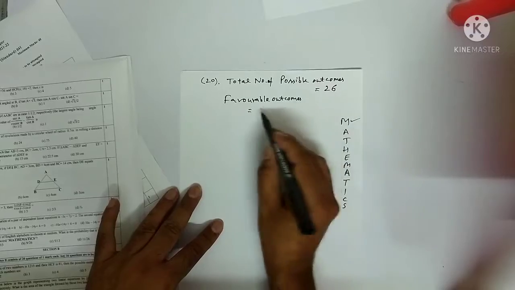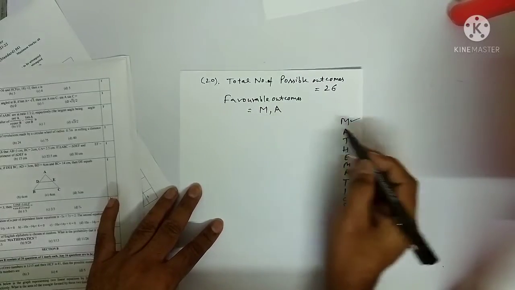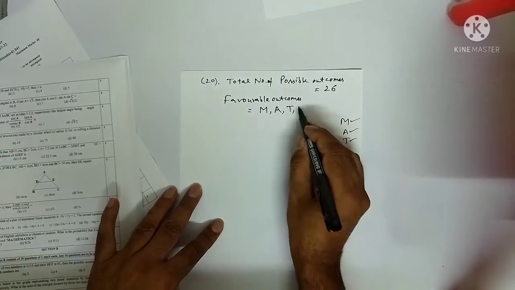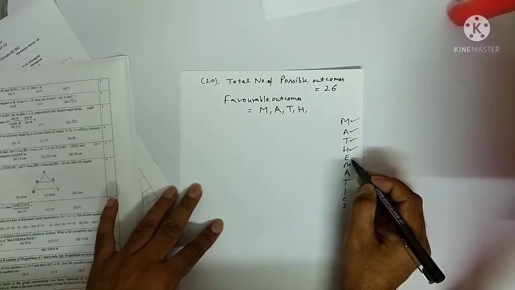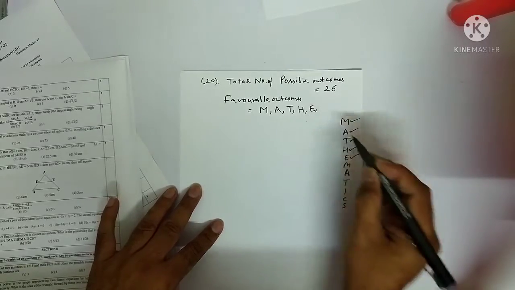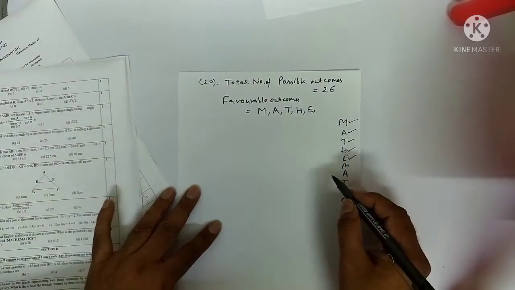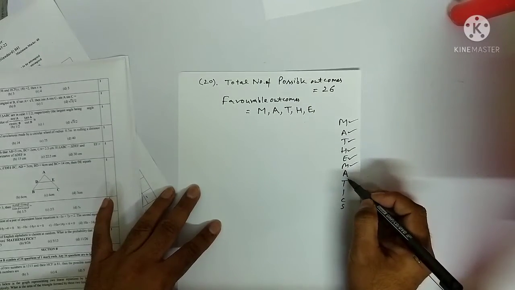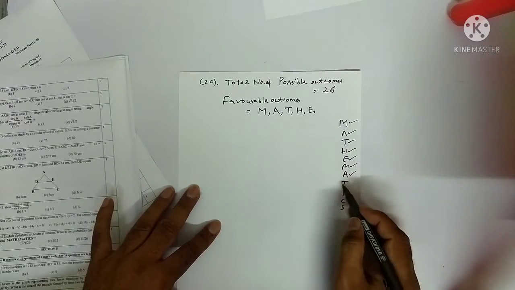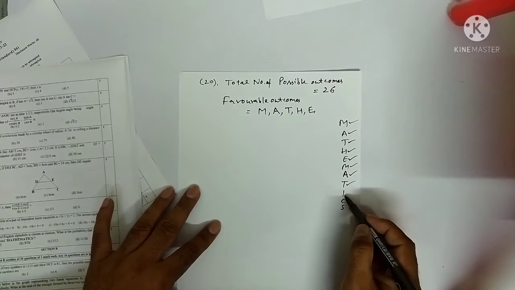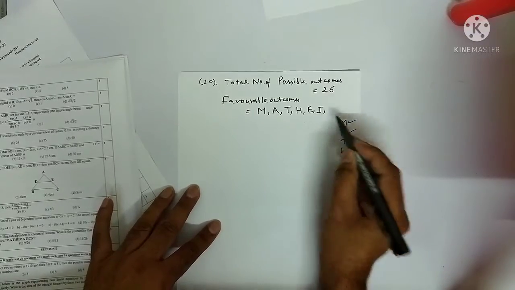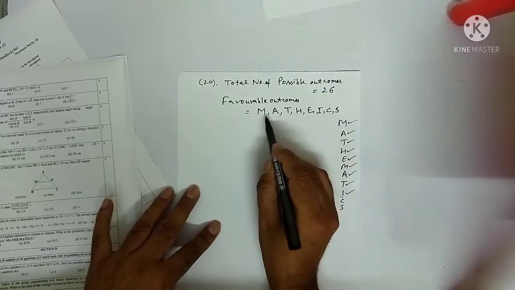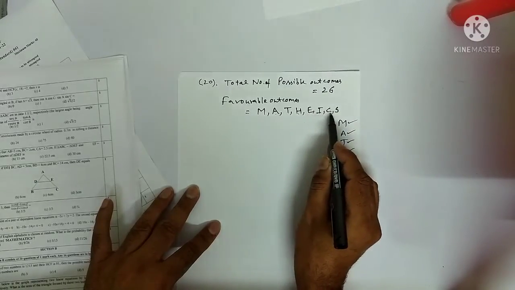So here you need to take the favorable outcomes. One is M, then A, then T, then H also, then E also. Now after E again it is M. You need not take it again. You have already taken A, drop it. T also you have already taken. I is not taken earlier, so I, then C, and then S. How many? 1, 2, 3, 4, 5, 6, 7, 8.